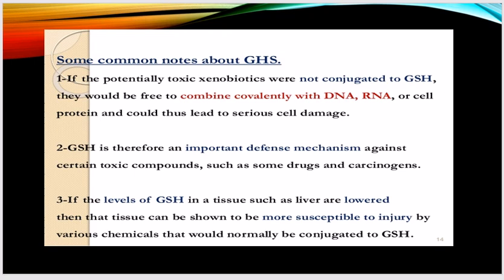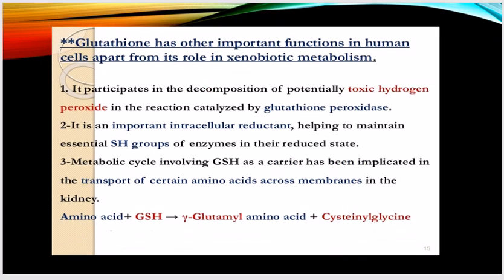If the levels of glutathione in a tissue such as the liver become lowered, then this tissue can be shown to be more susceptible to injury by various chemicals that would normally be conjugated to glutathione. It also has important functions in human cells apart from its role in xenobiotic metabolism.